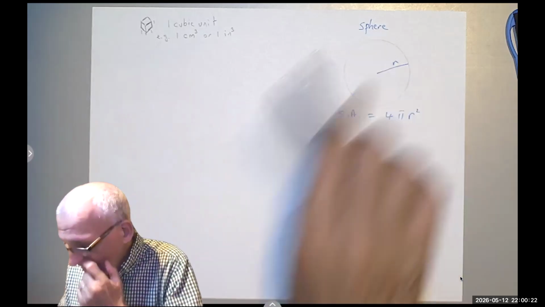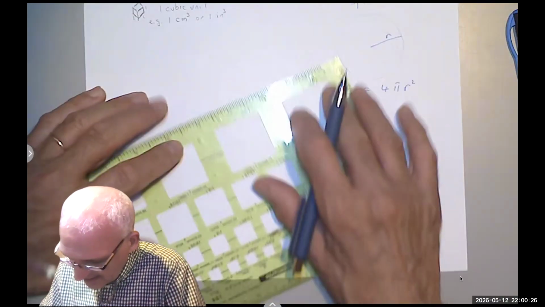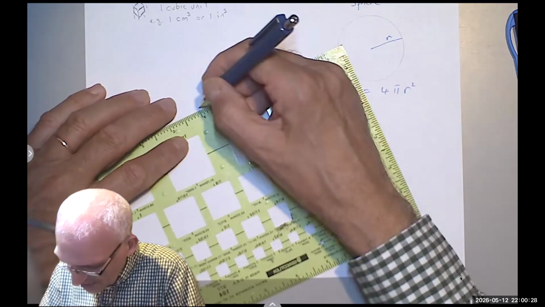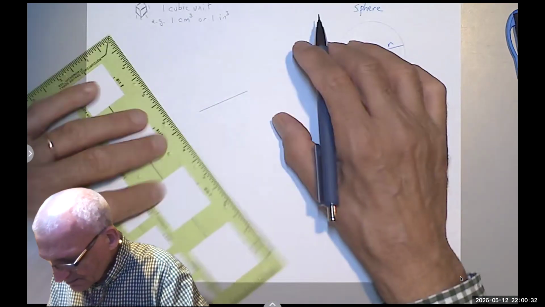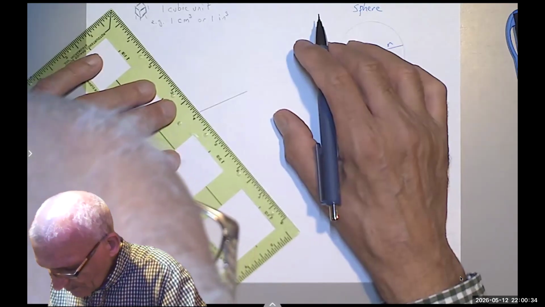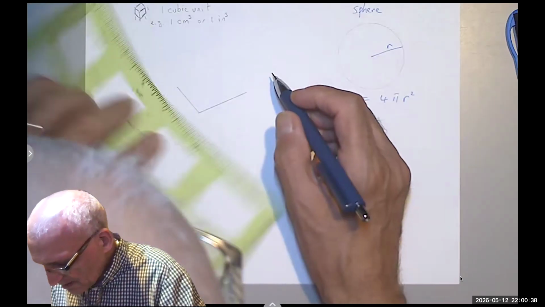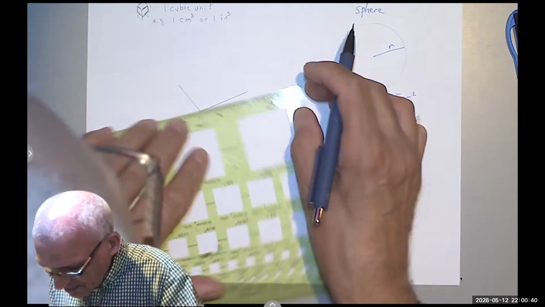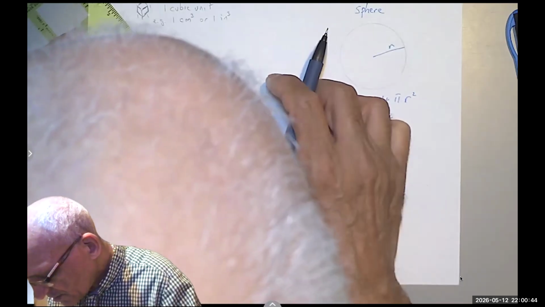So if we take a large cube, let's say I have a cube that looks like that. Maybe this is like 1.5 of these, so maybe we extend it.